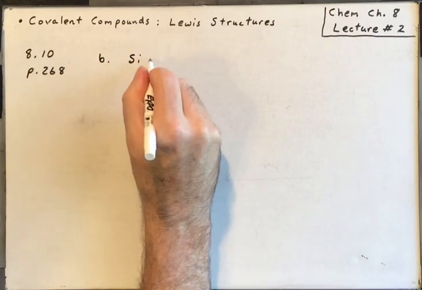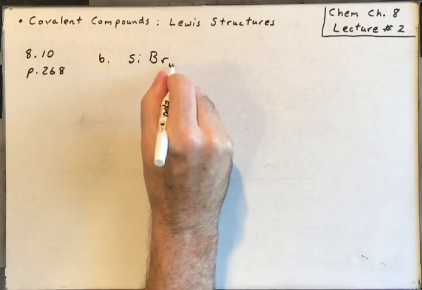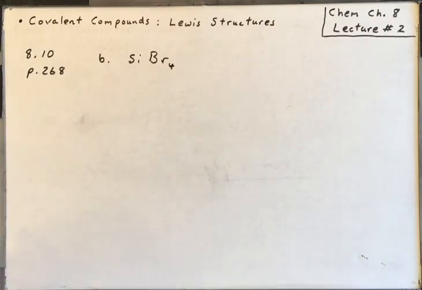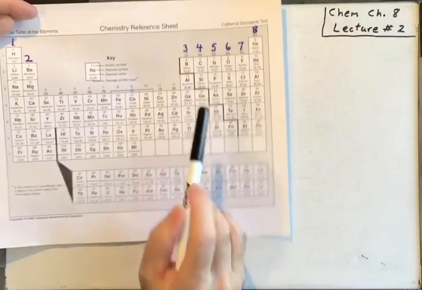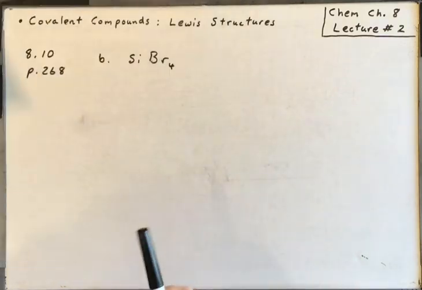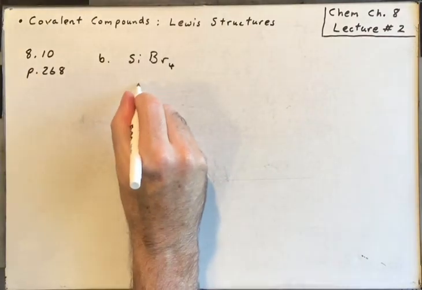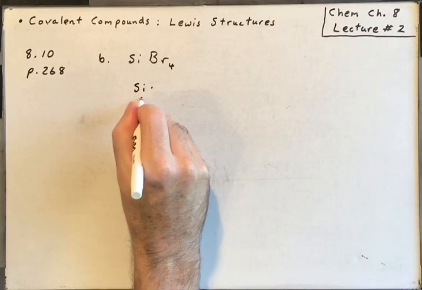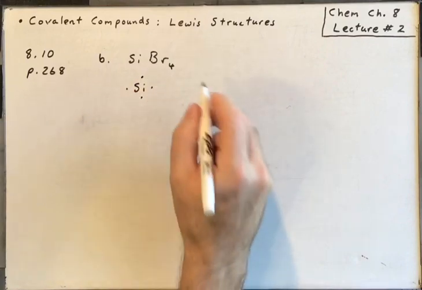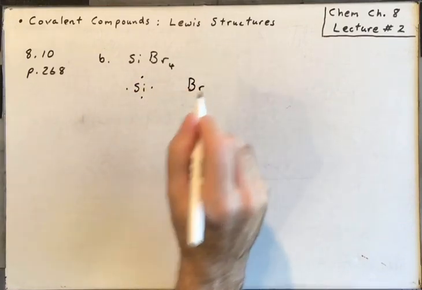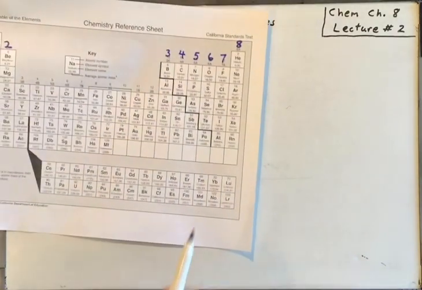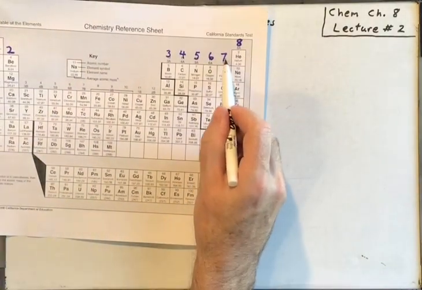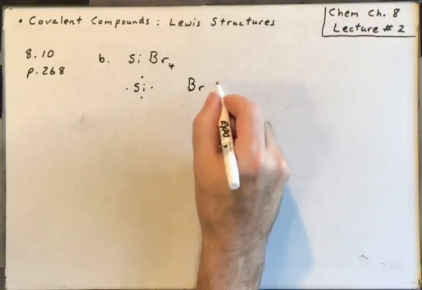All right, SiBr4. Silicon is in column 4. It has 4 valence electrons, so I'm going to draw its Lewis structure. And then bromine's in column 7, so it has 7 valence electrons.